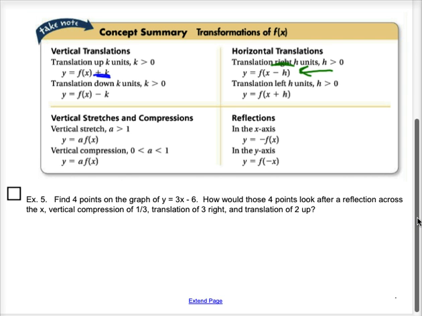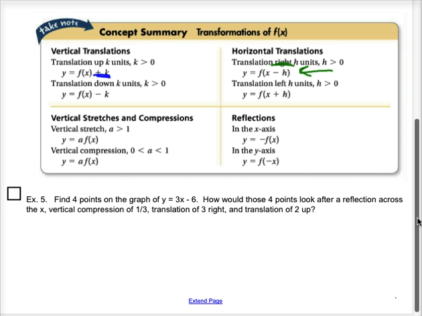All right, so last problem here. Find 4 points on the graph of y equals 3x minus 6. How do those 4 points look after a reflection across the x-axis, vertical compression of 1/3, translation of 3 right, and translation of 2 up? So I'm going to leave this as food for thought for you, okay?